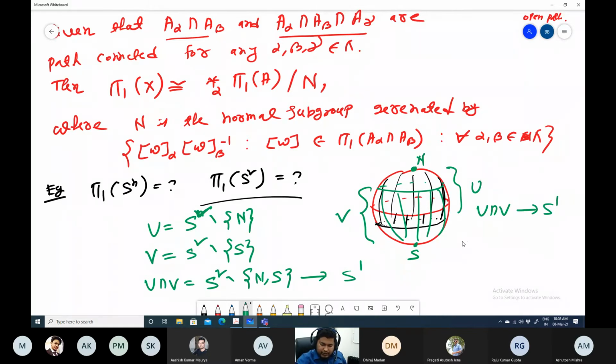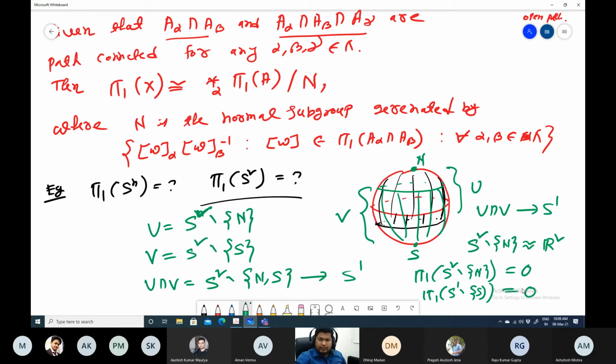Now we know that S2 minus the singleton point N is homeomorphic to R2. We have proved that. So therefore pi1 of S2 minus N, what is that? That will be 0. Now pi1 of S2 minus S, that is homeomorphic to R2, is also 0.